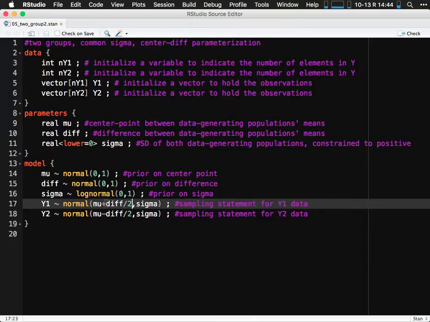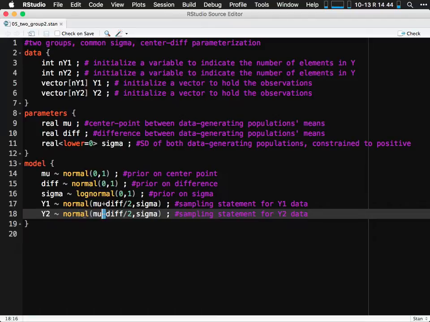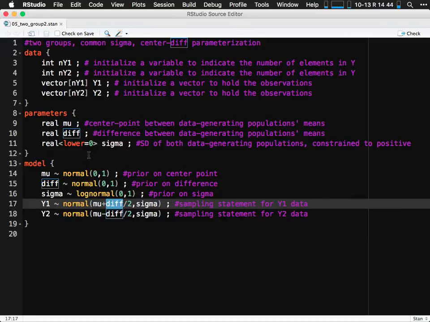So it doesn't actually matter which one gets the plus and which one gets the minus in the math here, because this can take on positive or negative values, and the sign of that will reflect which one actually has the larger mean and which has the smaller mean. Okay. So as long as we have one of them assigned as plus and one as minus. Yeah.